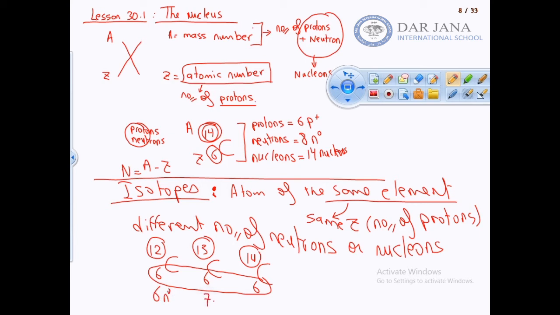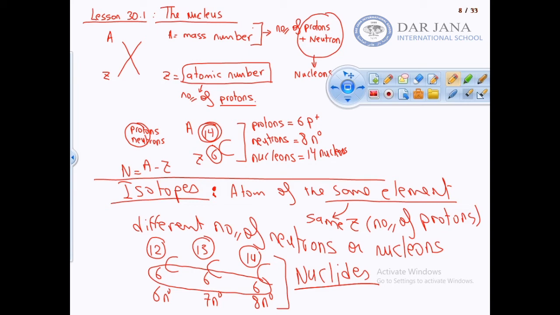Here we have 7 neutrons, and here we have 8 neutrons. And all of them have 6 protons. These are called nuclides. So when we have an element with isotopes, we say these 3 are the nuclides of carbon. We don't say atoms or elements of carbon. Different isotopes of the same element are called nuclides.